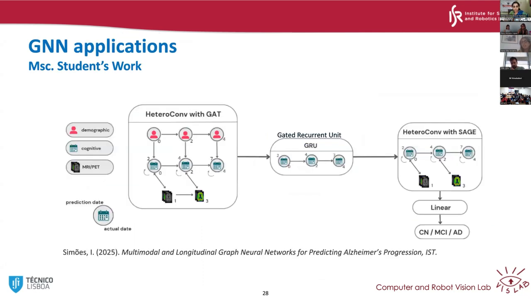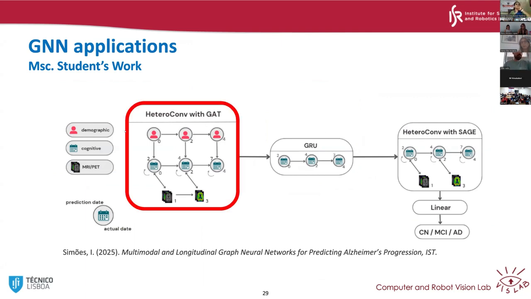Now moving on to another work that we have here, which shows a different application of graph neural networks. Here we are trying to recreate what is happening in a doctor's appointment, where the doctor sees the patient at different timestamps. So we combine different information using graphs.